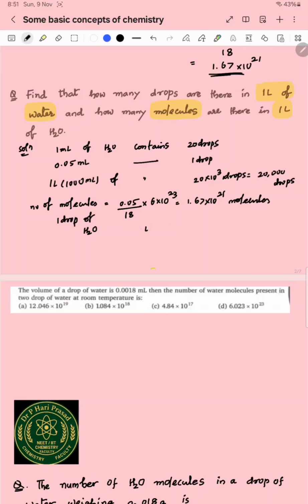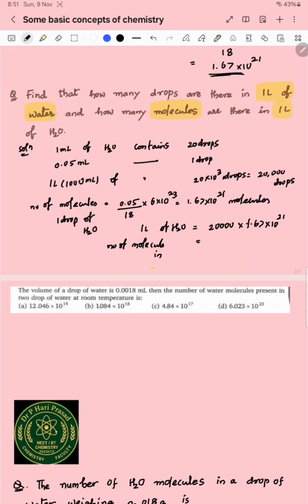So the number of molecules in 1 liter of water is equal to 20,000 into 1.67 into 10 to the power of 21.